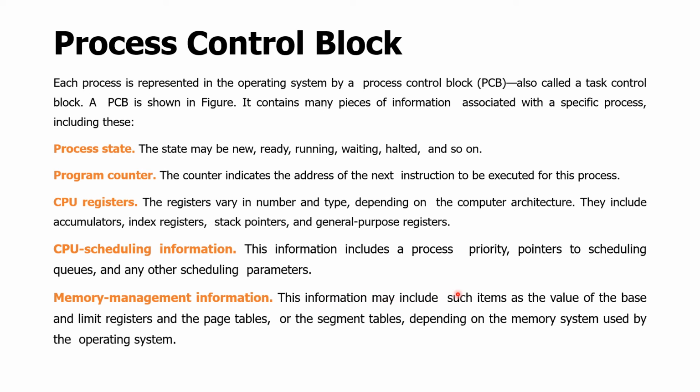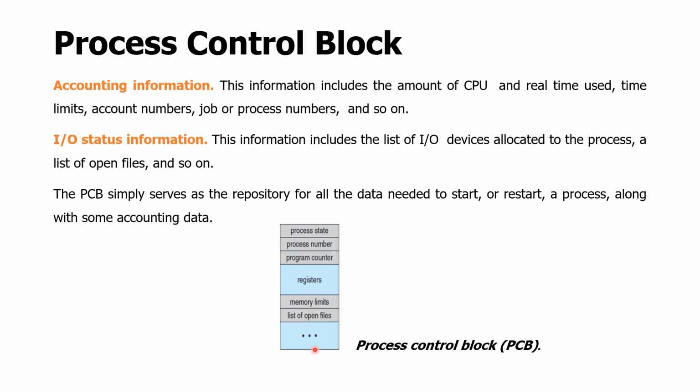This may include the value of the base and limit registers, and the page tables or segment tables, depending on the memory system used by the operating system. If your system supports paging, it contains information of the page table, or if it supports segmentation, then it contains the segment table. So this is what we call the process control block.